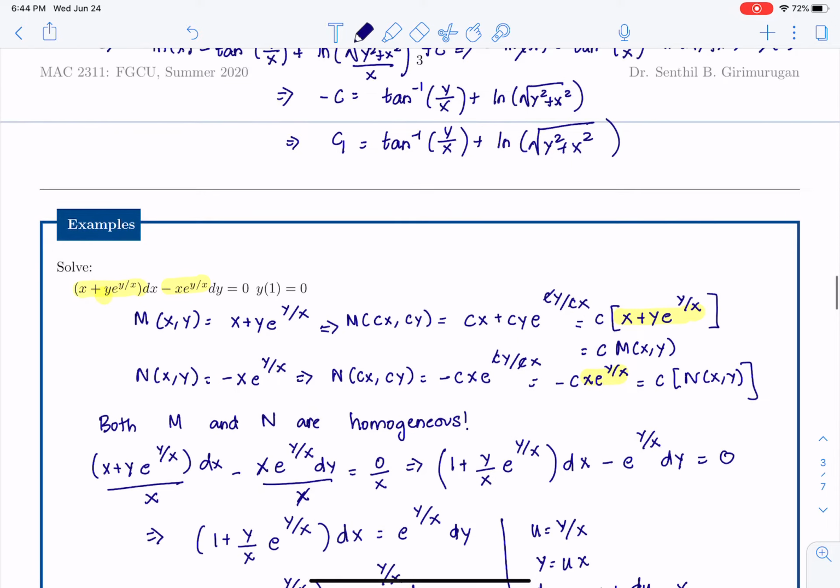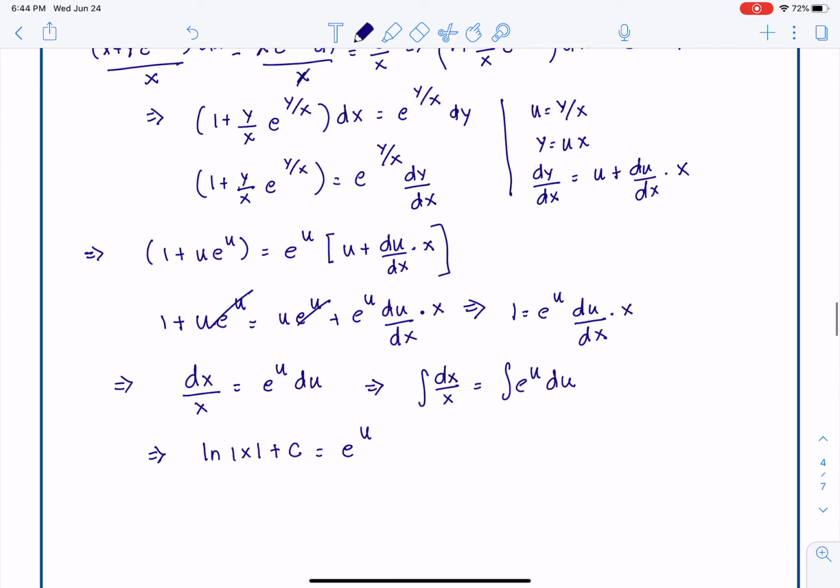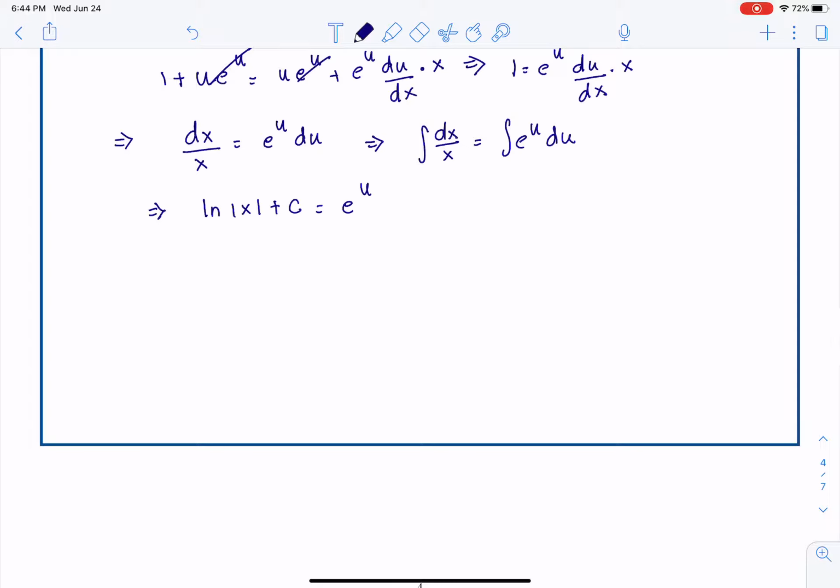Now, since this is an initial value problem, y of 1 is 0, and we know that u is y over x. So since y of 1 equals 0, we have ln of 1 plus c equals e raised 0 over 1.